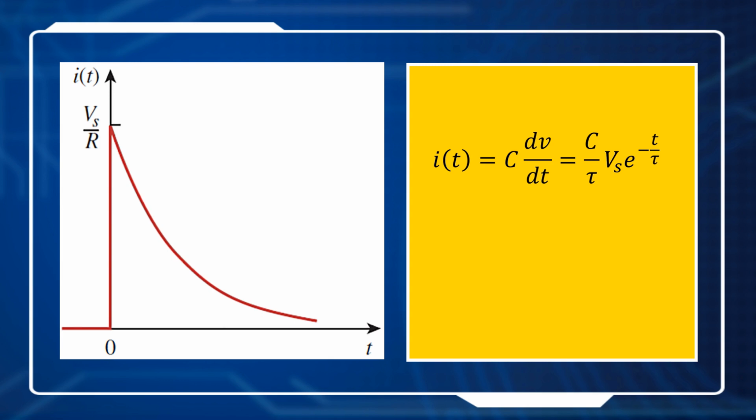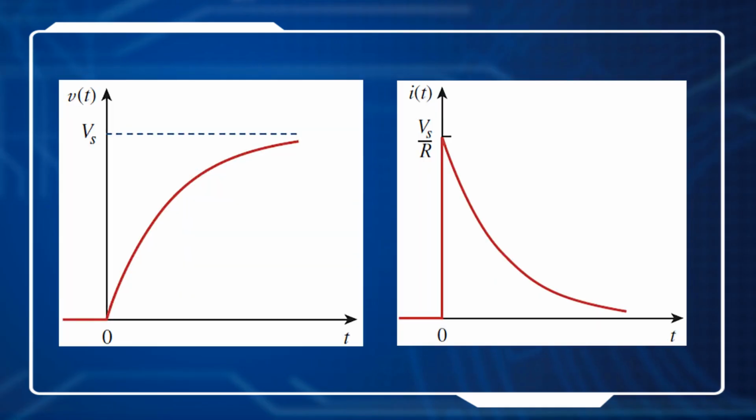And we can rewrite the solution as i(t) equals Vs over R multiplied by e to the minus t over tau multiplied by u(t). And we can draw the curve in this graph, and we can find the difference between the voltage and the current of a capacitor from the two graphs.